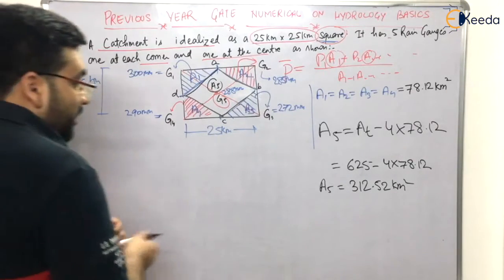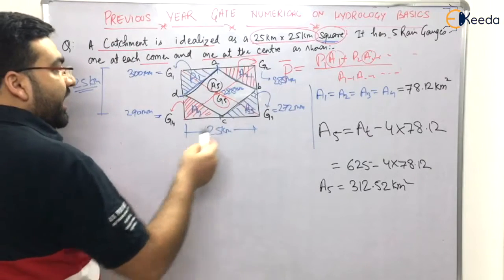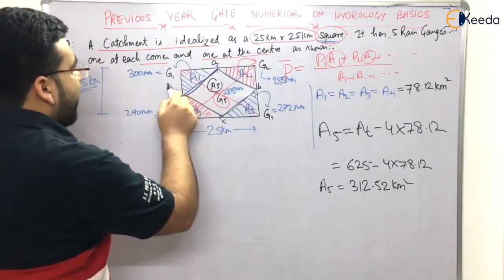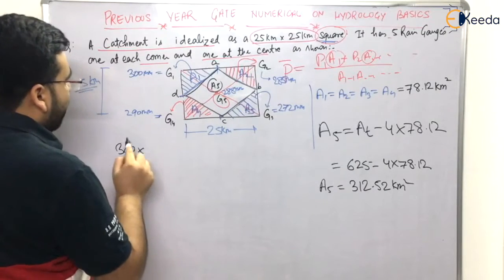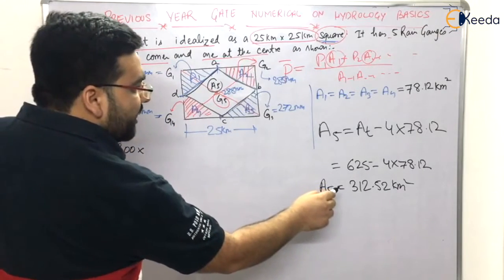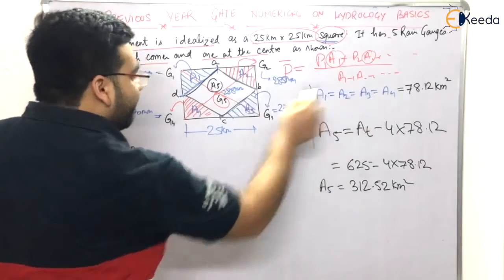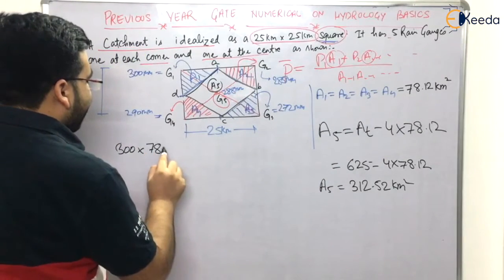So A5 is also known. The next step would be to just multiply it with the precipitation. For G1 we have 300, and the area of G1, that is A1, is 78.12.